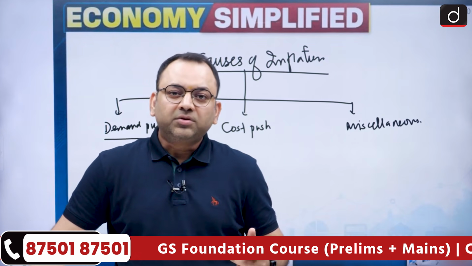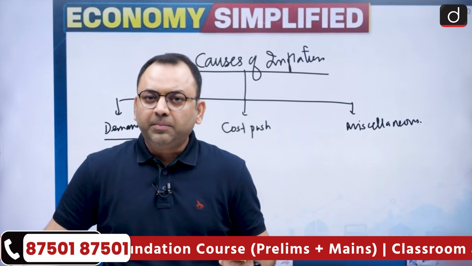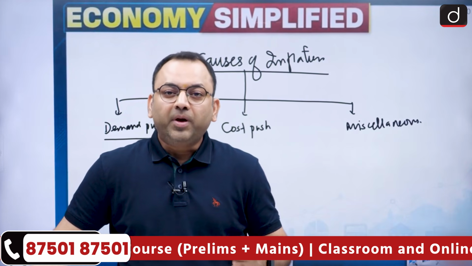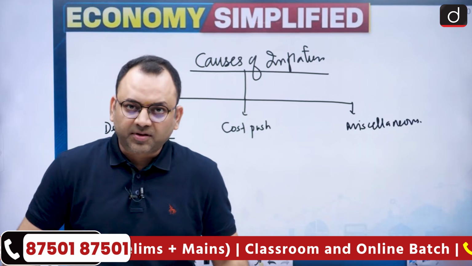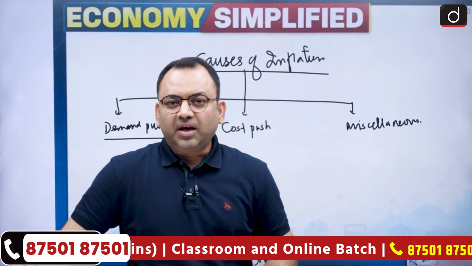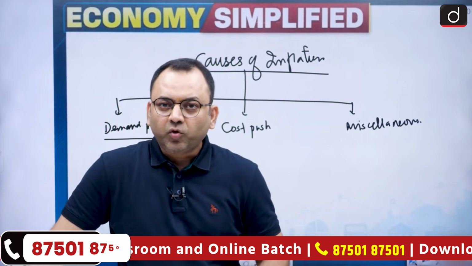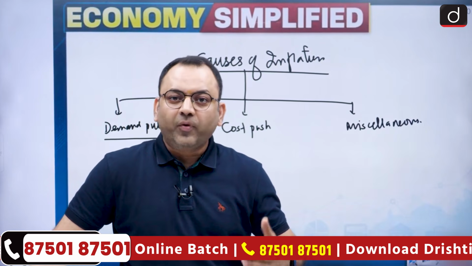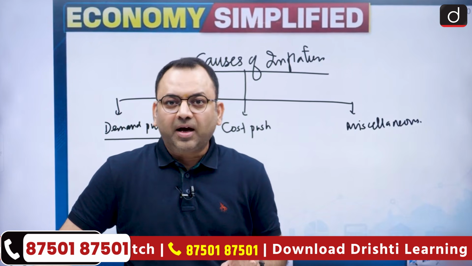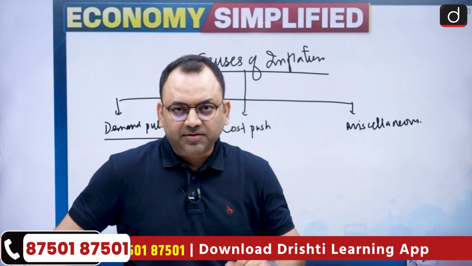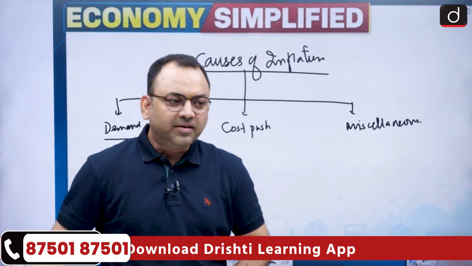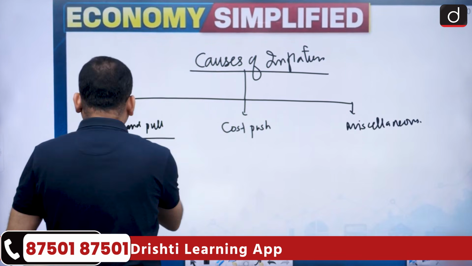Everyone would like to have the biscuit, so they will be willing to pay more for the same pack. Suppose the biscuit came at rupees 10 earlier. One person may offer rupees 20 for the same packet because they are in need and the biscuits are less. So one factor is demand pull inflation.